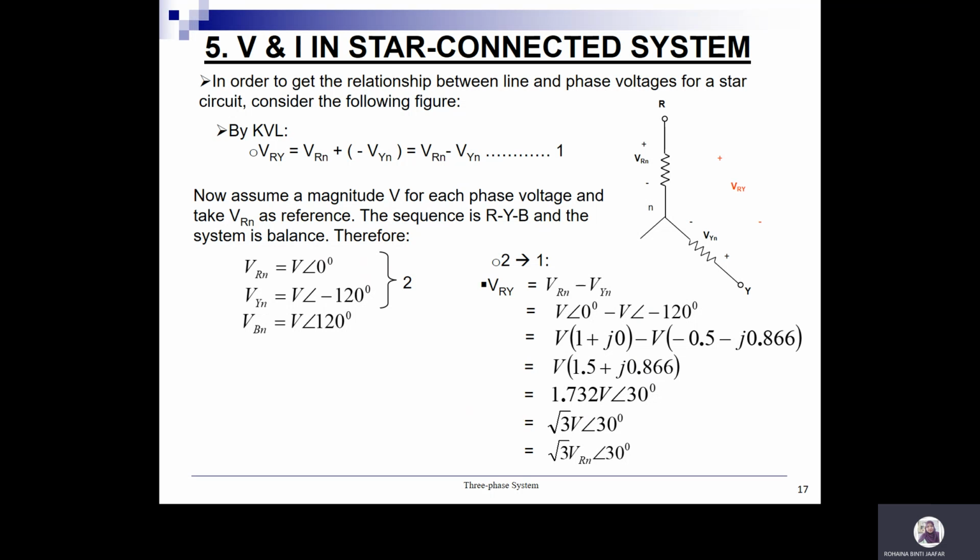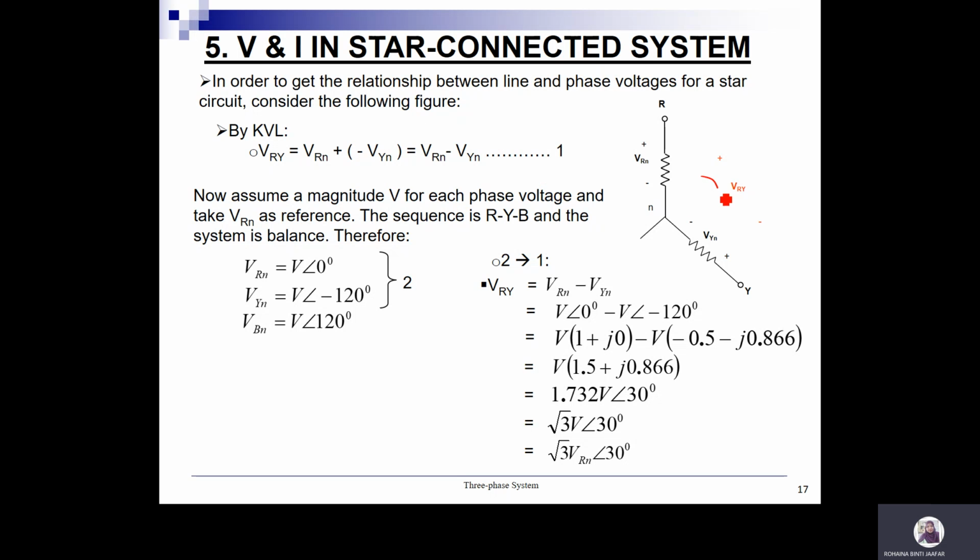Let's see the relationship between voltage and current in the star connected system. This is your star connected system. To get the relationship, this is the proof process. First, you apply KVL.